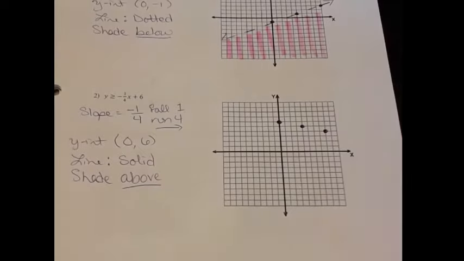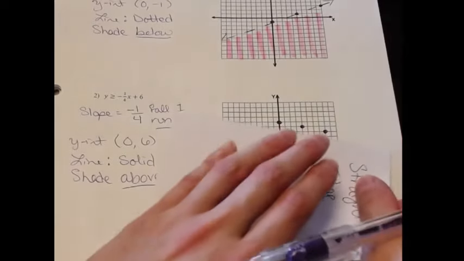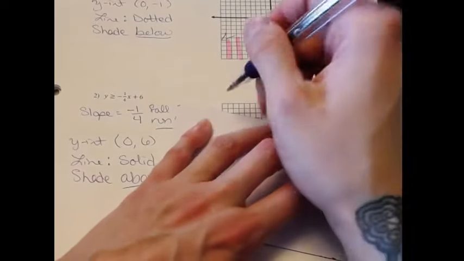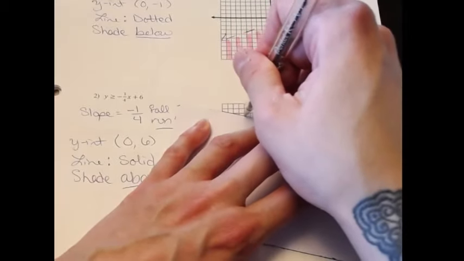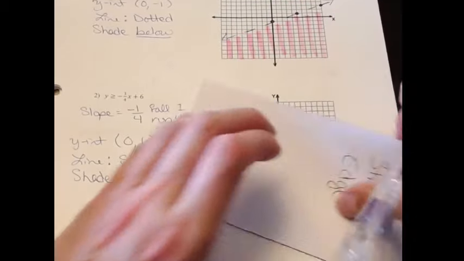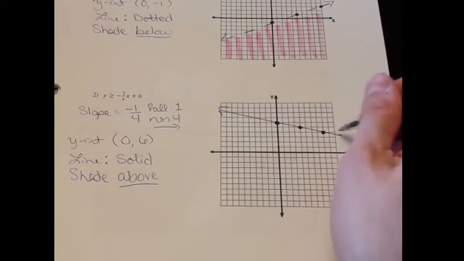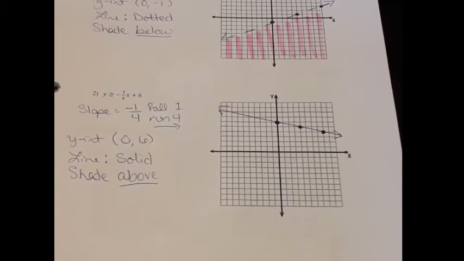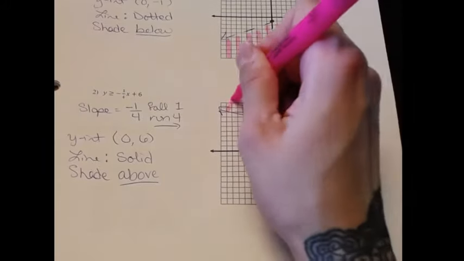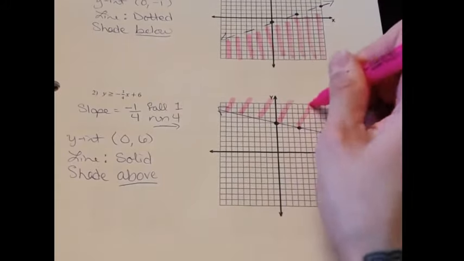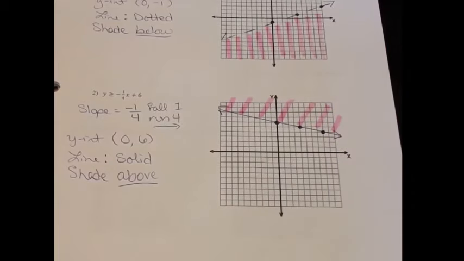Now that I have my points, we're going to connect with a straight line. Arrows on both ends. And now let's shade. So we've indicated that we have to shade above. Let's go ahead and do that.